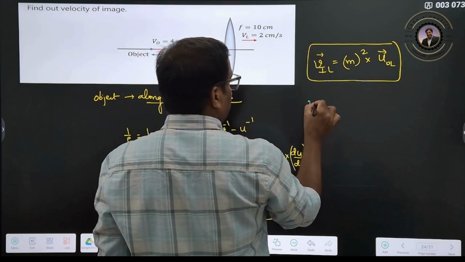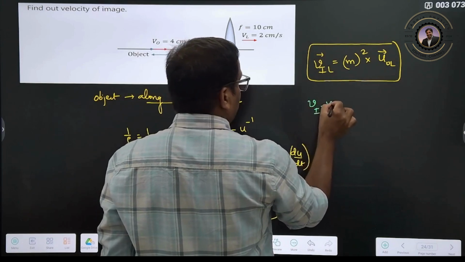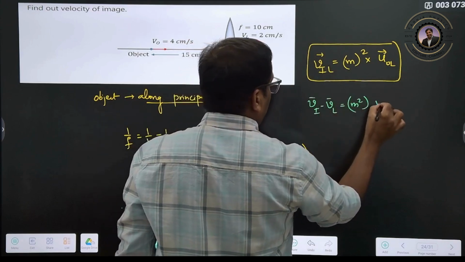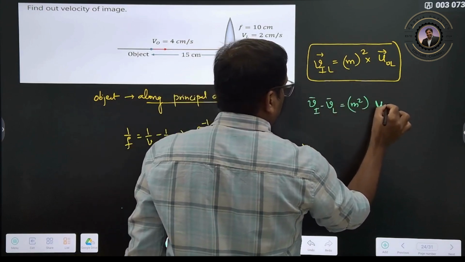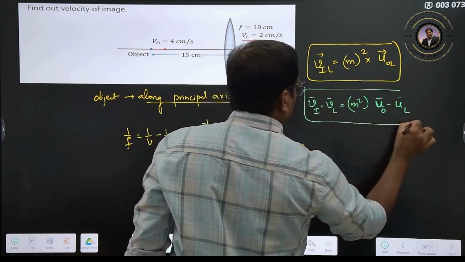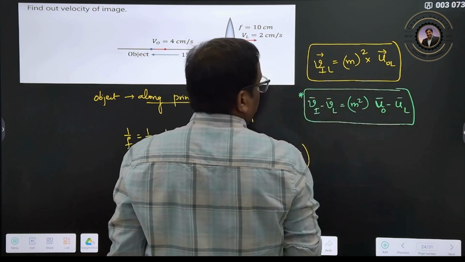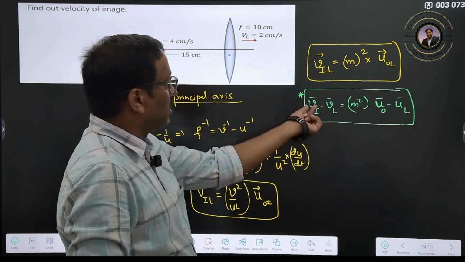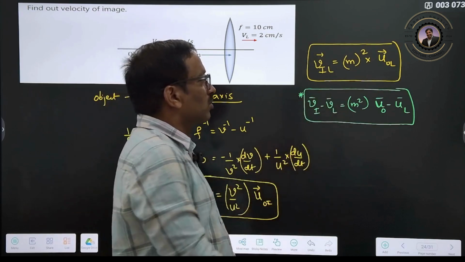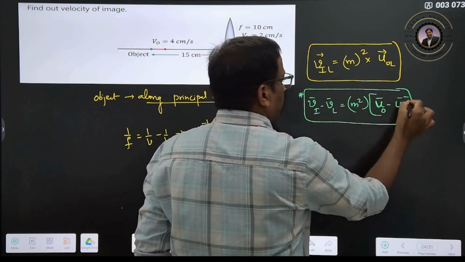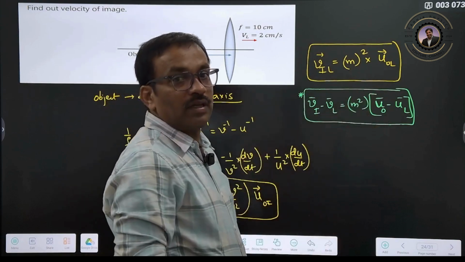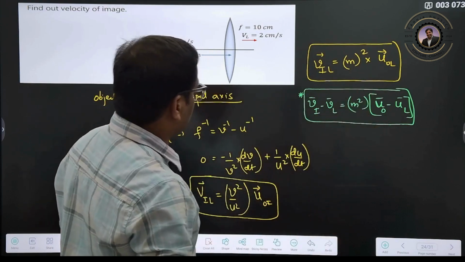Velocity of the image minus velocity of the lens is equal to m square into velocity of the object minus velocity of the lens. Clear? So, this is the velocity of the image with respect to the ground, and the velocity of the lens with respect to the ground.